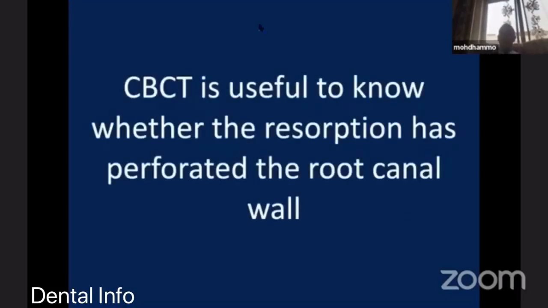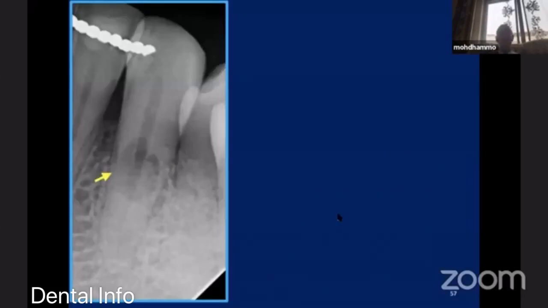Because of this, the cone beam computed tomography or CBCT is useful to know whether the resorption has perforated the root canal or not. So nowadays, when I look at this X-ray and anyone asks me, is this internal resorption or might it cause perforation of the root, I could not give him an answer.